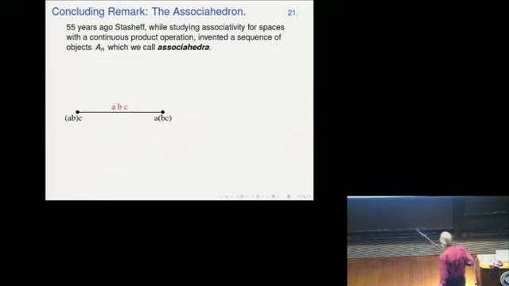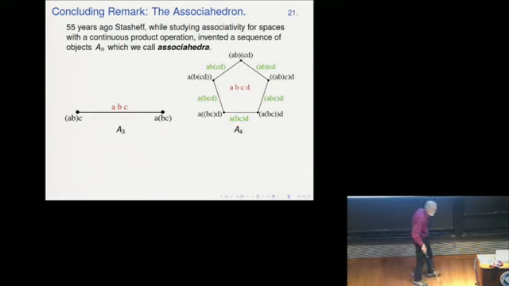And if the product is homotopy associative, then we can get a homotopy from this to this. So this line represents a possible homotopy from this product to this product. But if we take 4 elements, then it gets more complicated.